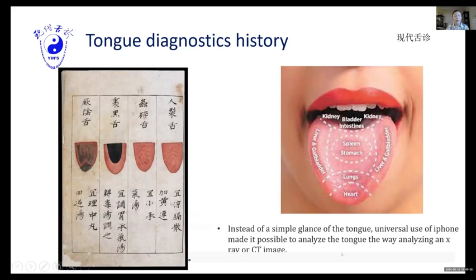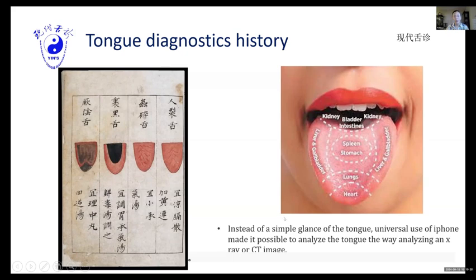So in the old time, you can see you had to draw the tongue picture and keep it and describe the main problem and the corresponding treatment. On the left side of the picture is the short description about the tongue. And then on the lower part is the corresponding herbal formula to treat this kind of tongue using the herbs.